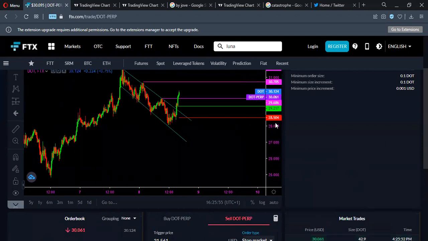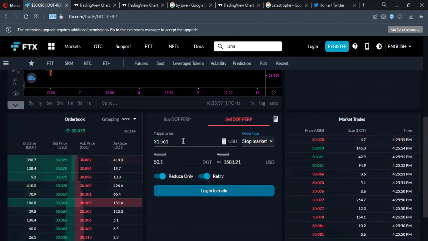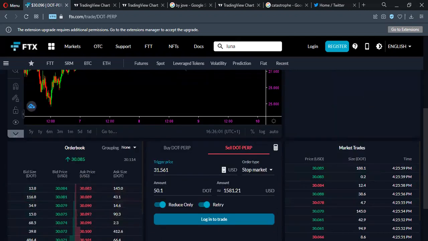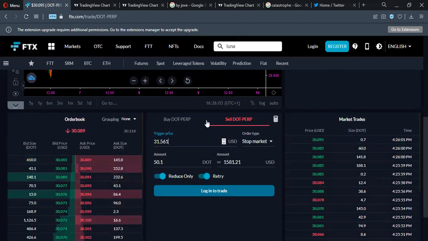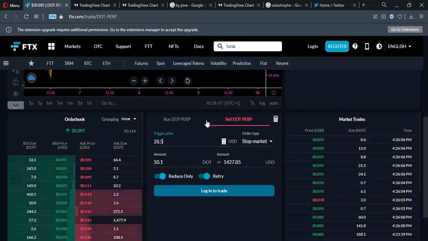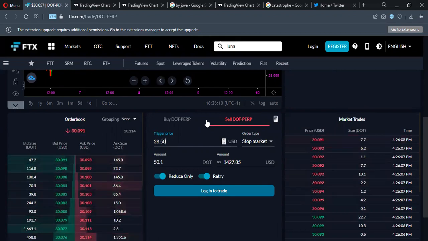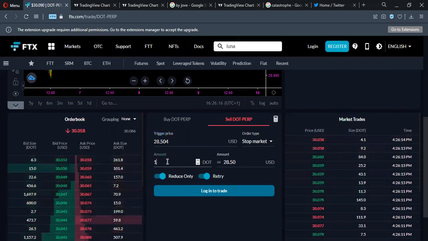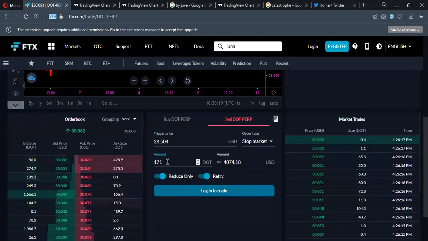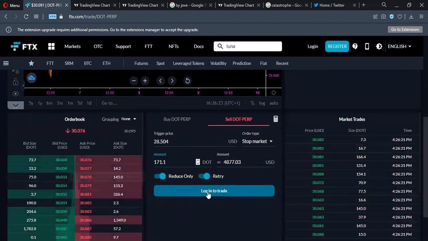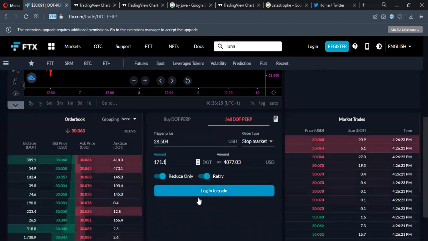Let's say we have 28.504 as our stop loss. Then in the amount section, we're going to put all the amounts of DOT you bought, which was 171.1 units. Once you do that, remember to click on reduce only. Then go right ahead and click on sell.